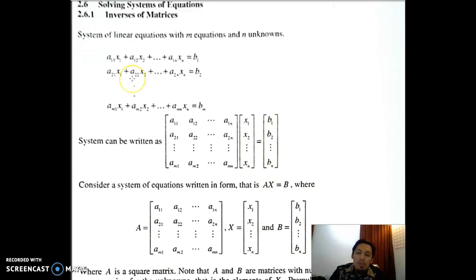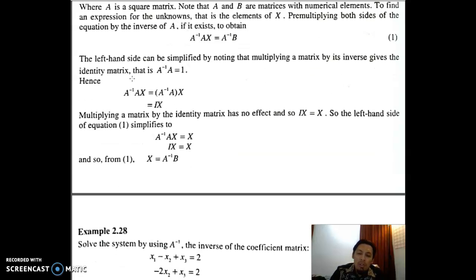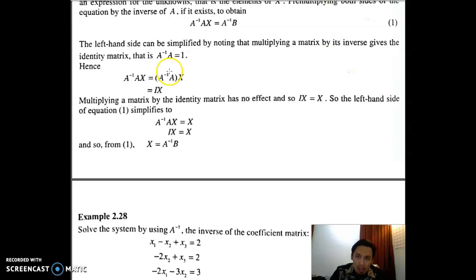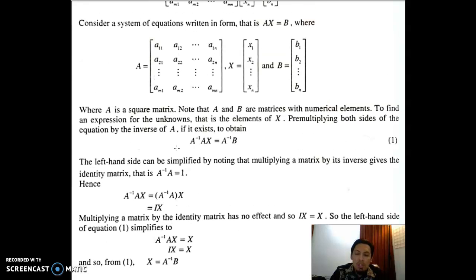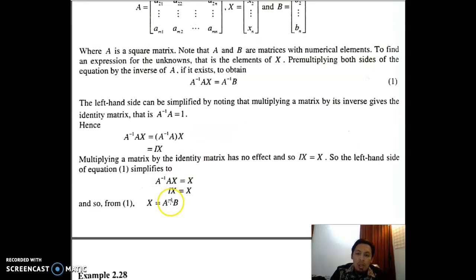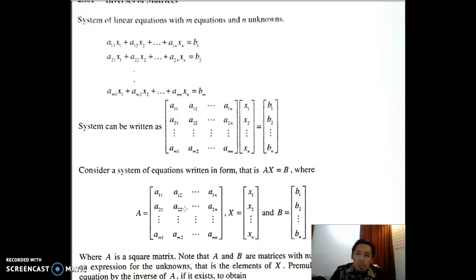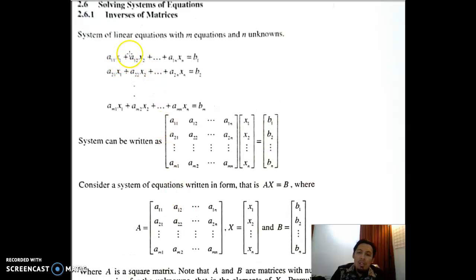The formula of the inverse to find the value of x is A inverse times B, right? So this is the idea. How can they come out with this equation? First of all, this is the general form of a system of linear equations.